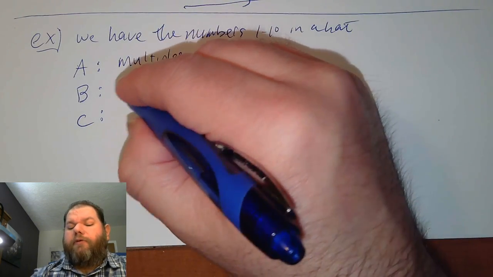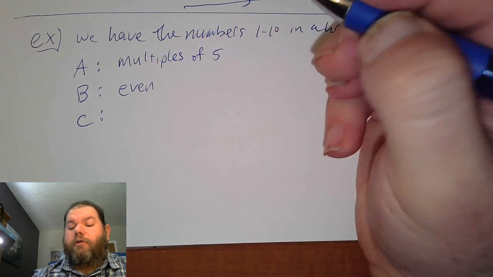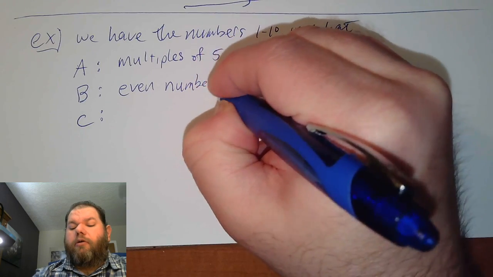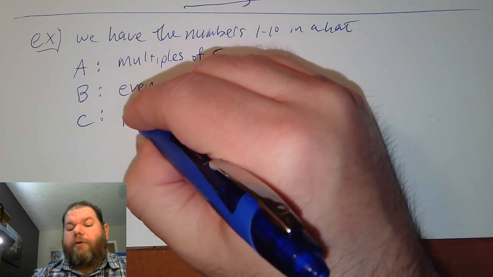For B, we'll use the even numbers. And for C, we'll use the powers of 2.